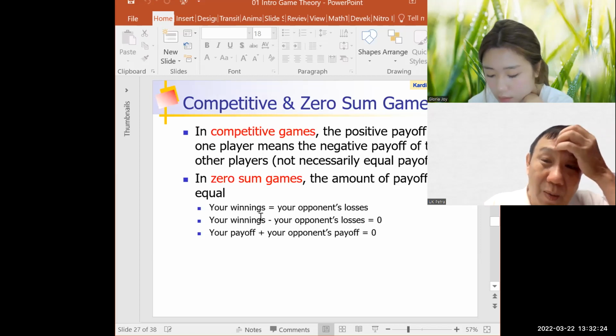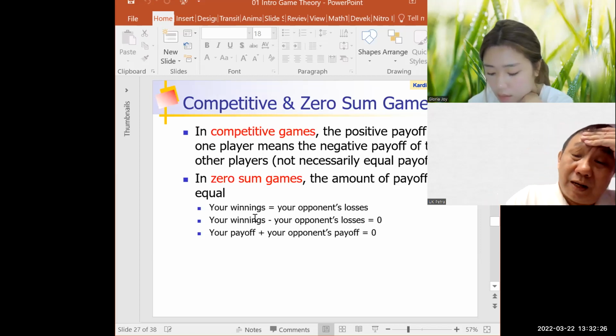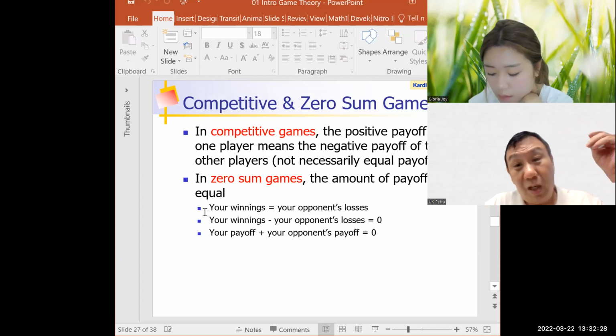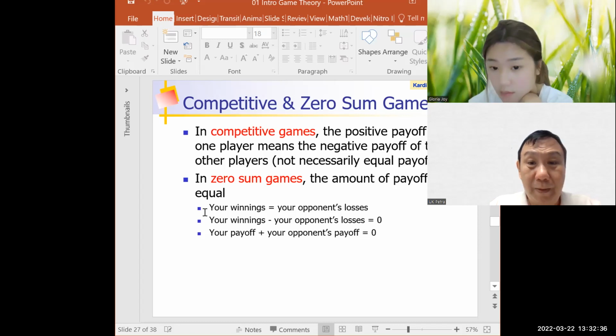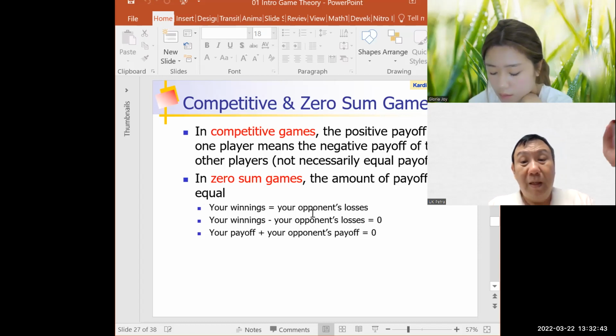Now, the simplest competitive game is called a zero-sum game. In a zero-sum game, the total payoff is 0.